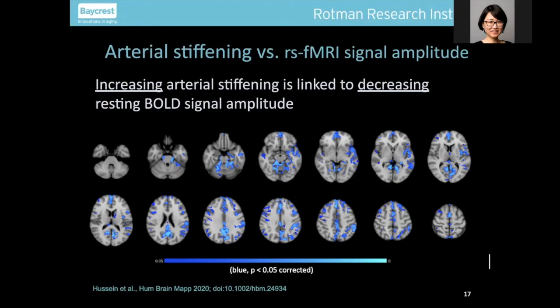So if I were able to add a scan, so instead of using existing data, if we're going to just try to be optimal with new acquisitions, our approach currently has been to acquire resting state and tidal CO2 so that we could also quantify vascular reactivity.